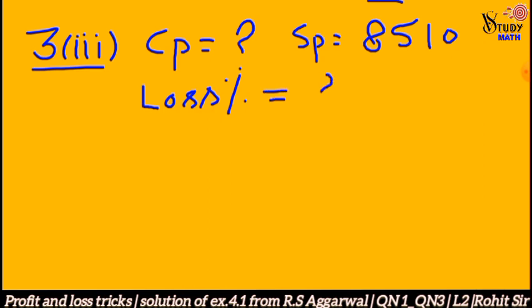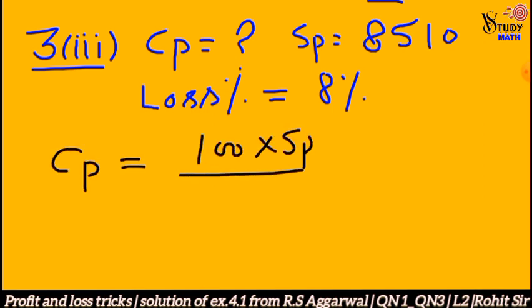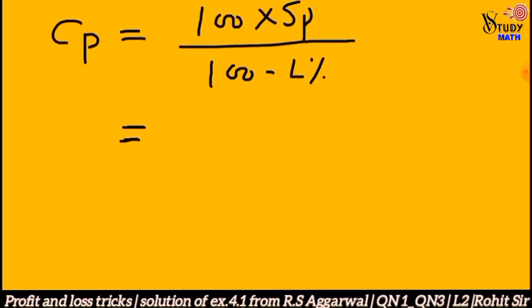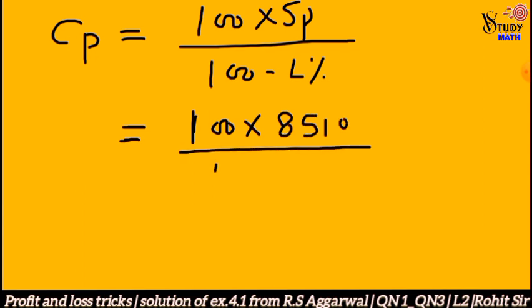So in that case the formula of CP is 100 multiply SP upon 100 minus loss percent. In the introduction class, I'll tell this formula. So now put in the values. 100 multiply SP, which is 8510, upon 100 minus 8, because 8 is the loss percent.